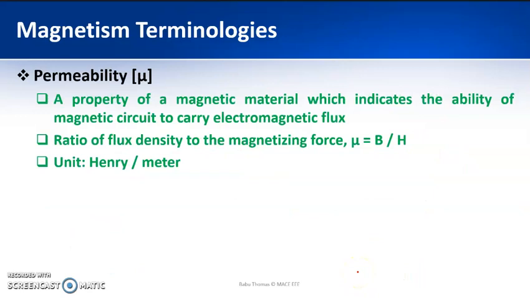Next is permeability. Permeability is the property of a magnetic material which indicates the ability of a magnetic circuit to carry the electromagnetic flux.